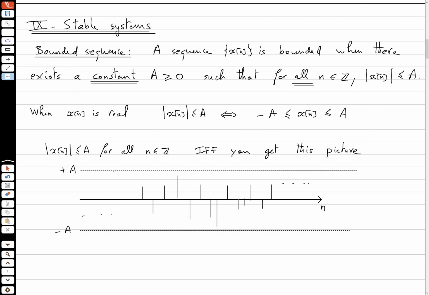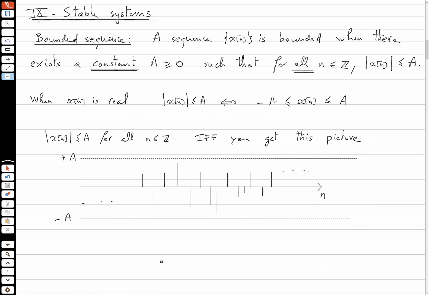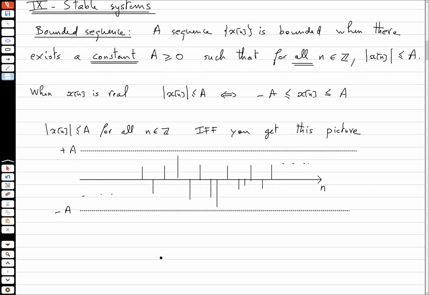So if I say ceiling floor, is it easier to understand? All right. So now you understand what bounded means?